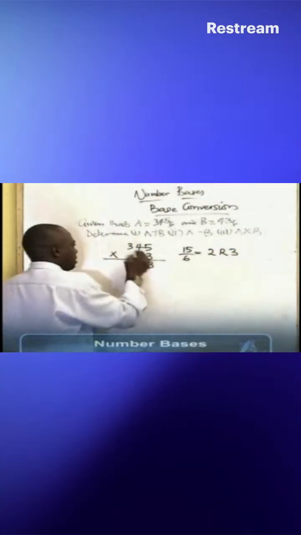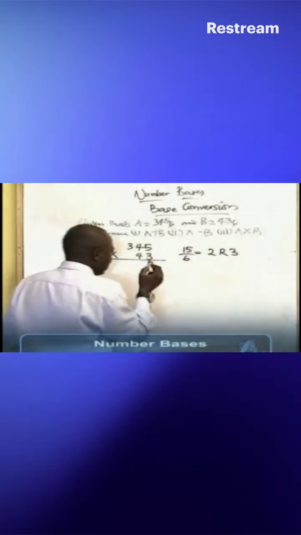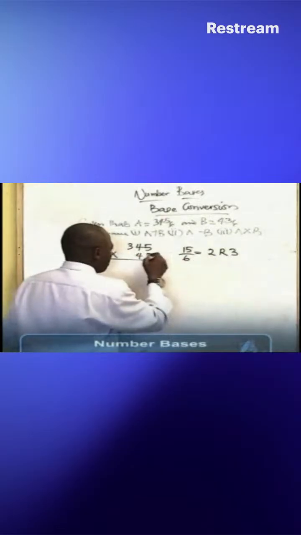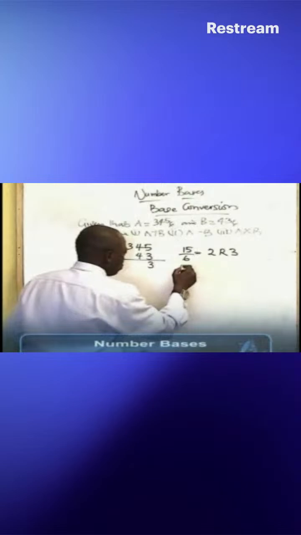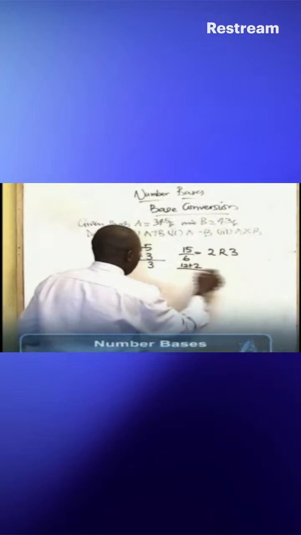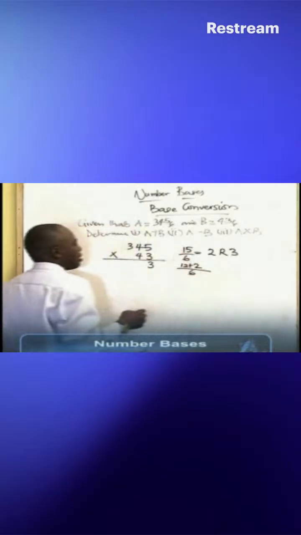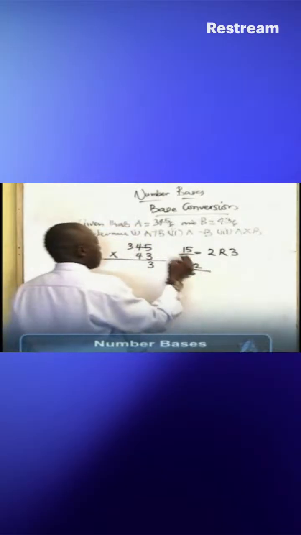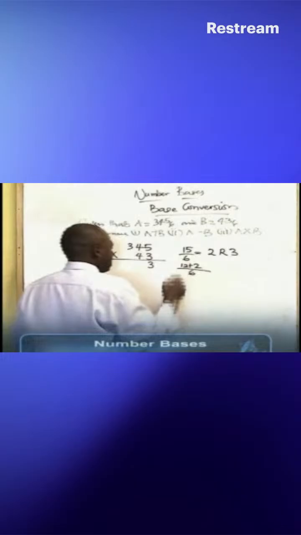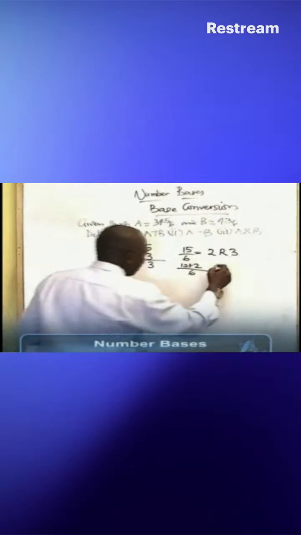Again, you say 3 times 4, you get 12. 12 plus these 2 will give you 14. Again, you divide it by 6. So 6 into 14 will give you 2 again, and you will remain 2.